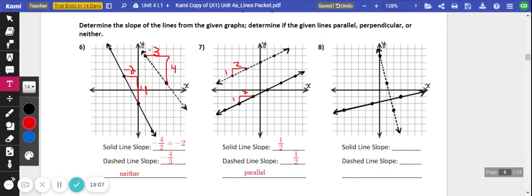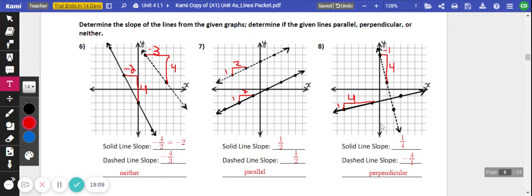So let's go ahead and try number 8. So when I go ahead and take a look at 8, I again start to see a pattern, except it's not quite what I saw with number 7. These two are clearly not parallel lines. But I am starting to see the same numbers, except my up value for the dotted line is going to be my 4, and my up value, my change in my y, is going to be 1 for this one.